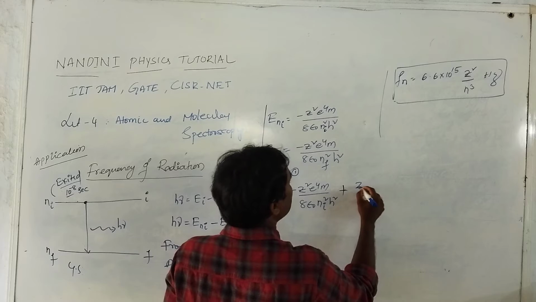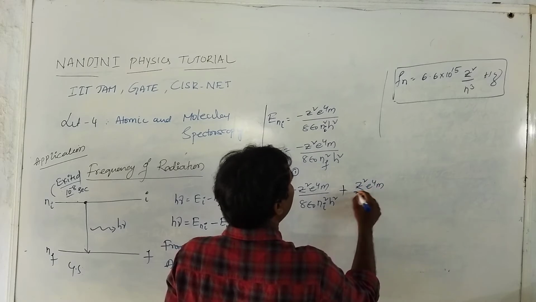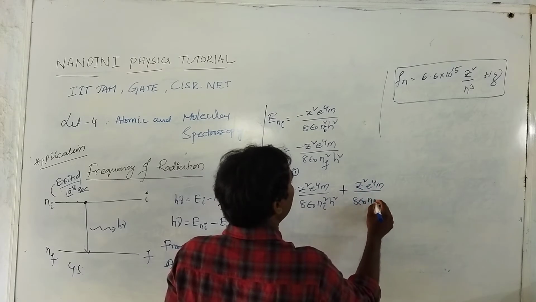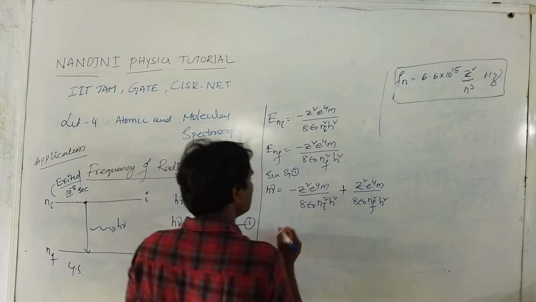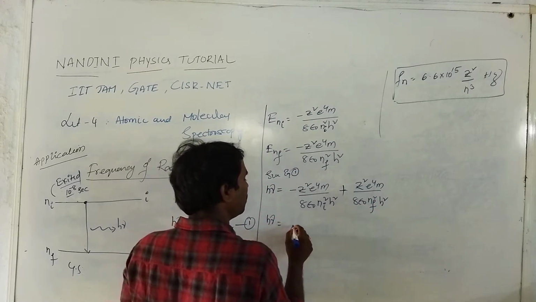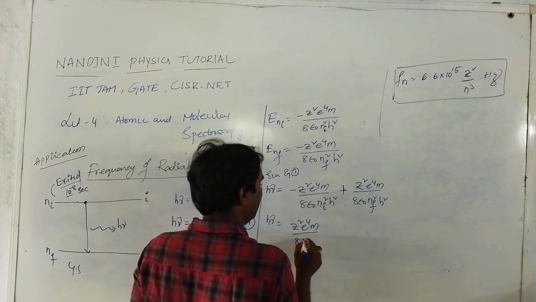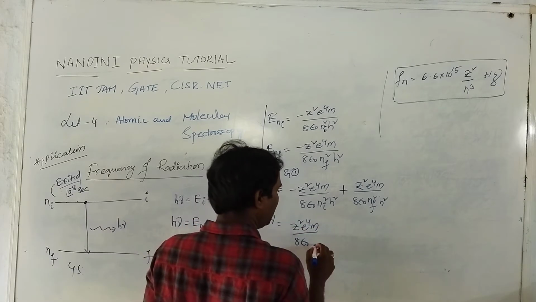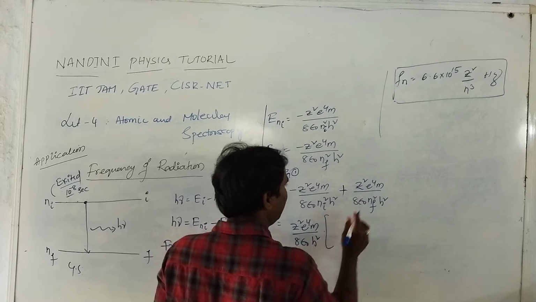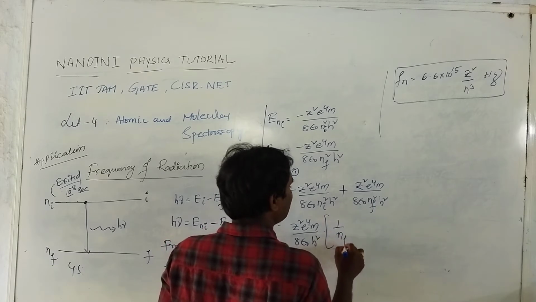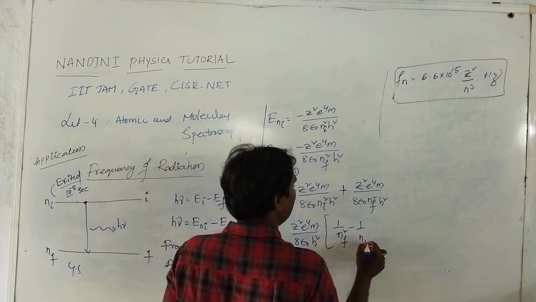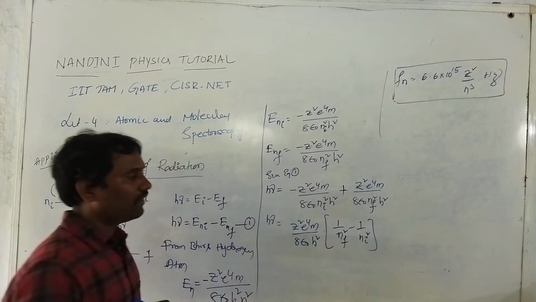That is z square e power 4 m divided by 8 epsilon naught nf square h square. Take z square e power 4 m divided by 8 epsilon naught h square common. If you take it common, then this is 1 by nf square minus 1 by ni square. So this is our final equation.